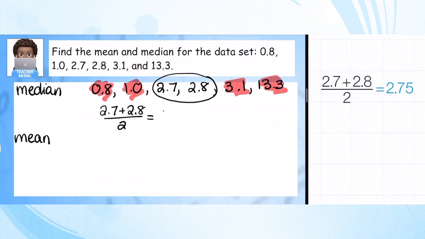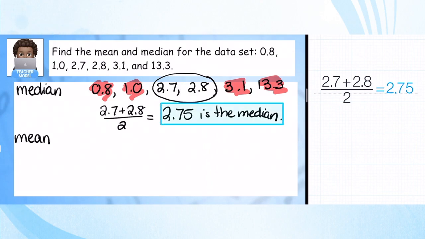And so my median is 2.75. Let's box this. Perfect. I do want to keep space and organization in our work so we can follow along.